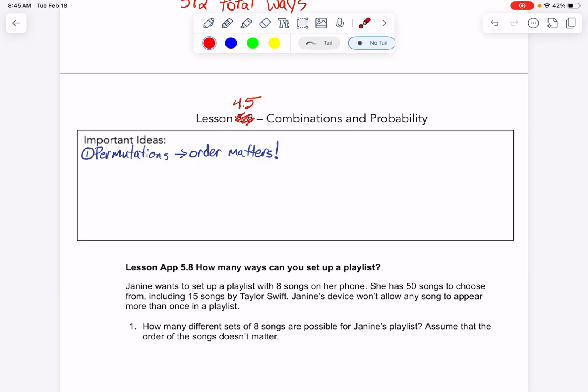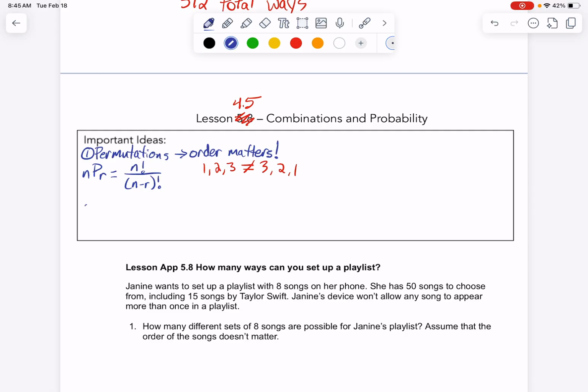When the order does matter, and to write this out, maybe I'll just say like 1, 2, 3 is a different thing than like 3, 2, 1. So a permutation would count these as 2 different options. So this is written out nPr, n permute r, and this is n factorial divided by n minus r factorial.